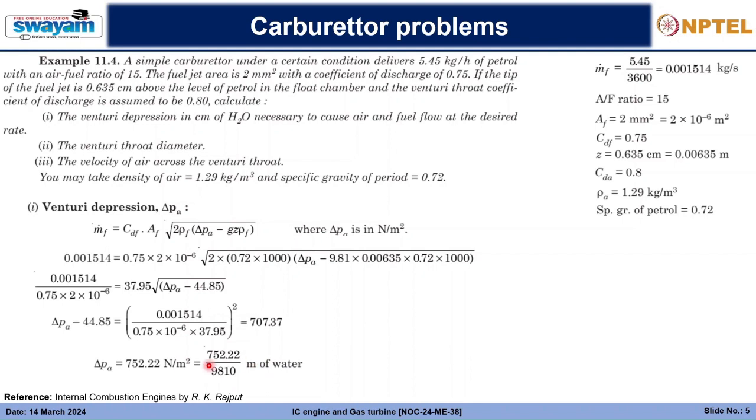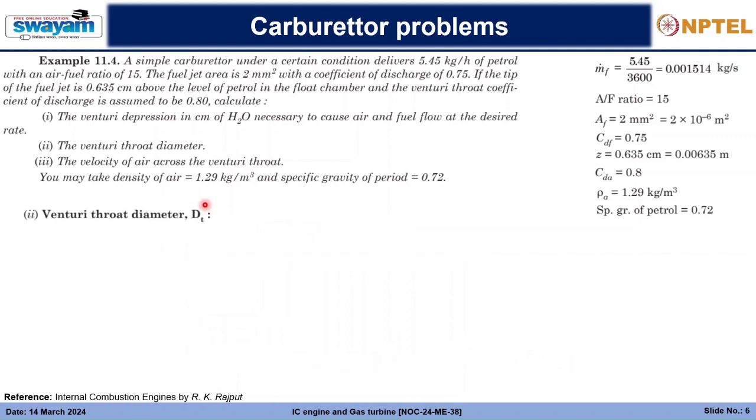We have to divide it by the specific weight, that is 9810, and we get this much meter of water, that is 7.67 centimeter of H2O. So this is our answer, the first answer.